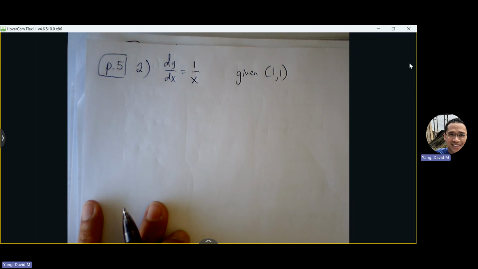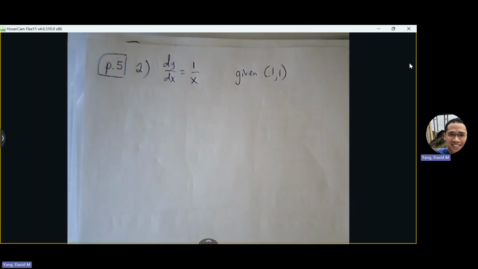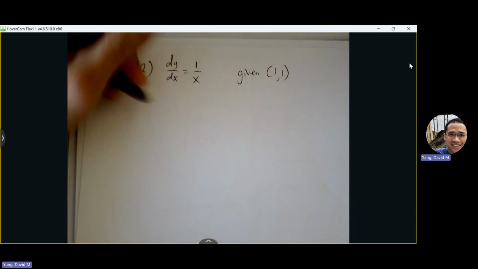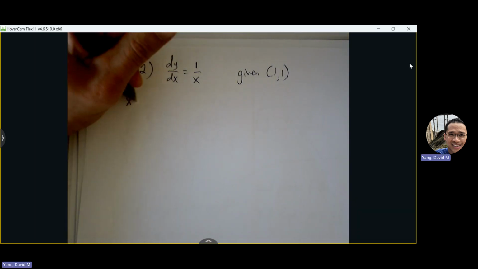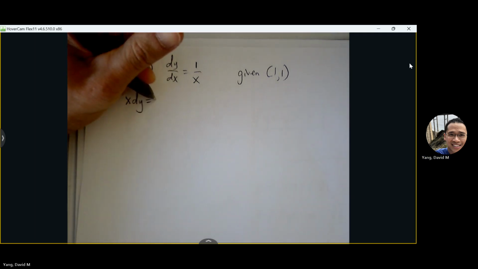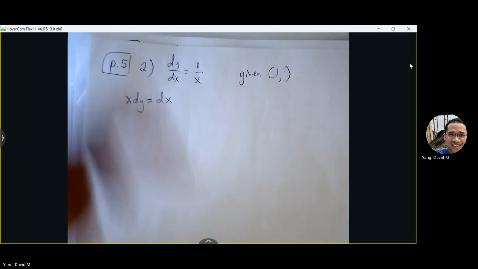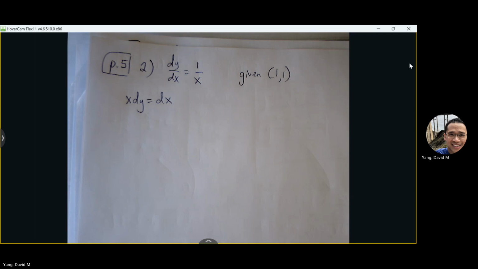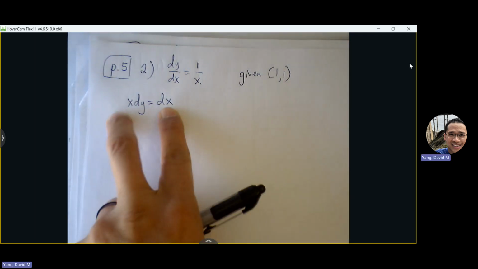So part A says find a particular solution. So we're going to go through all of our process, separating our variables, taking the antiderivative. Let's try that. Cross multiply. x dy equals dx.